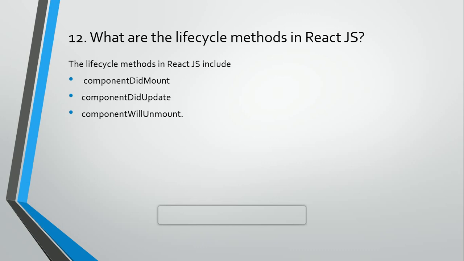Inside mount we have 4, inside update we have 4, inside unmount we have 4 in the class component. But how can we achieve these three in the functional component? We can achieve this with useEffect. We'll discuss that later, but these three can also be found in the functional component. In the useEffect hook, if we pass an empty dependency array, it does the work of componentDidMount.